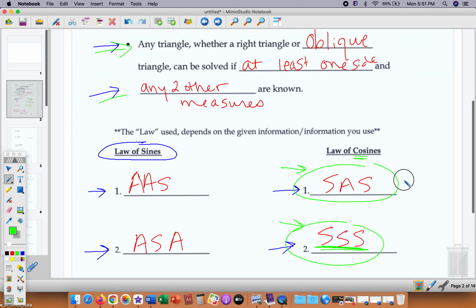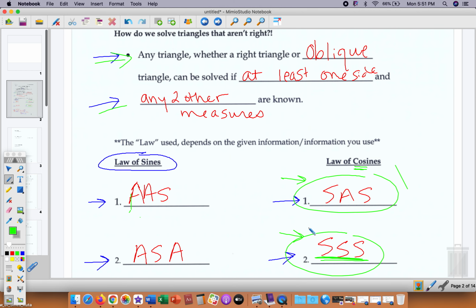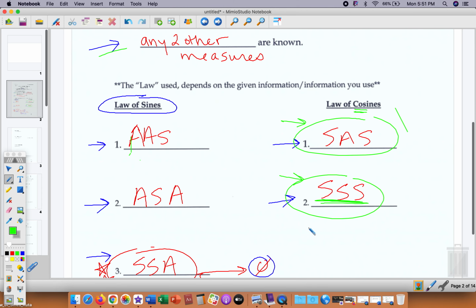When we have side, angle, side, or side, side, side, we're going to use law of cosines. If you can remember that the SAS is with cos and the SSS is with cos, then the others are with law of sines.